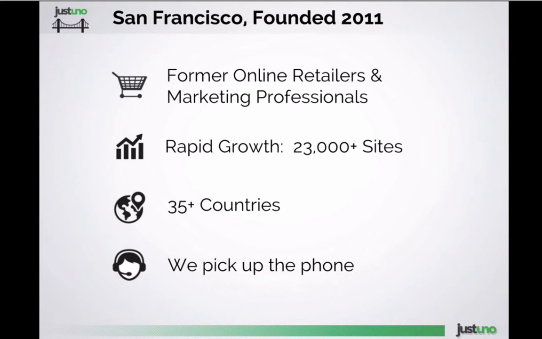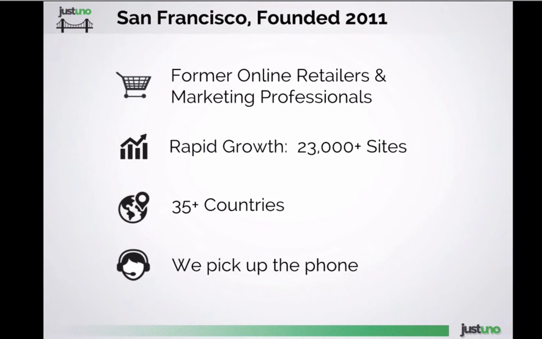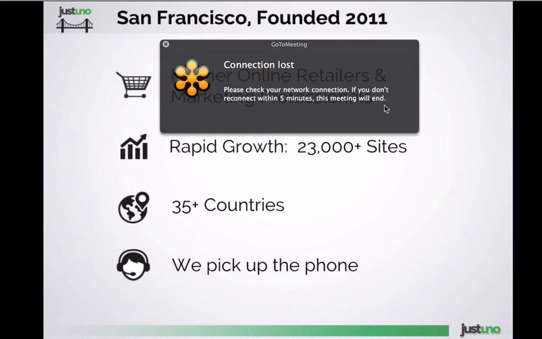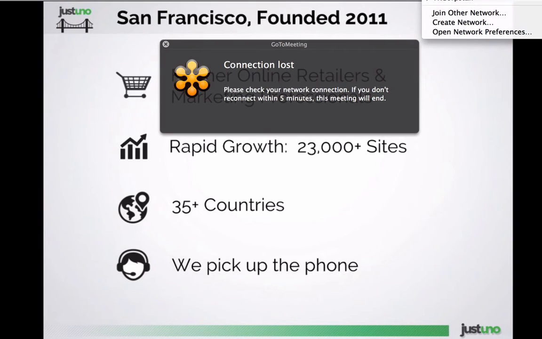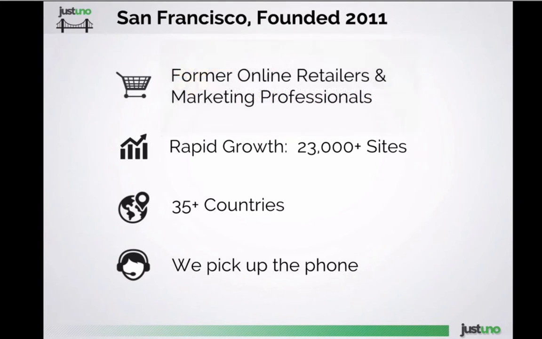So I'm going to talk generally about what we're trying to do as a company here at Justuno. But first, even more generally, I want to talk about what you're doing. We have, of course, millions of websites out there. Hundreds of thousands of websites are making money on all sorts of platforms using all sorts of systems. But most of them are spending a lot of money to drive traffic. They're doing things like SEO and SEM.